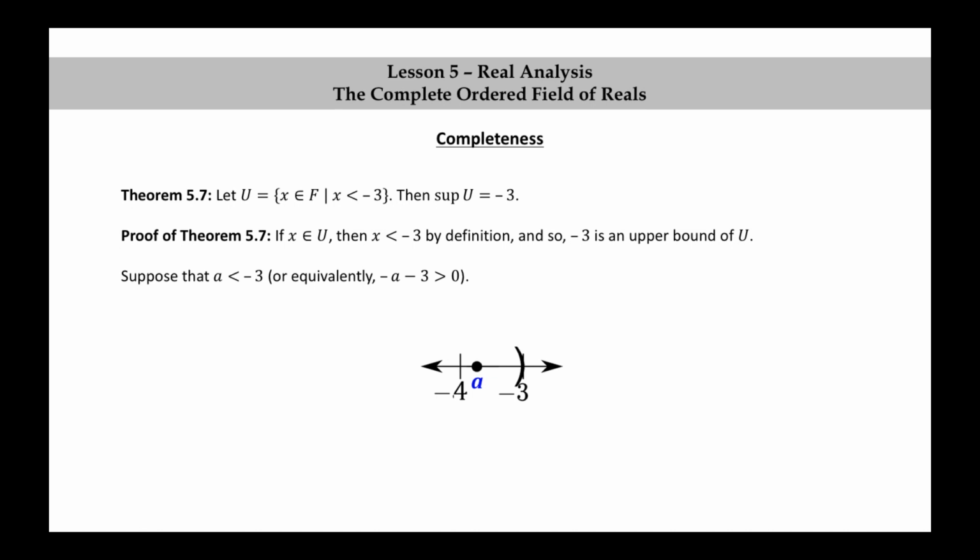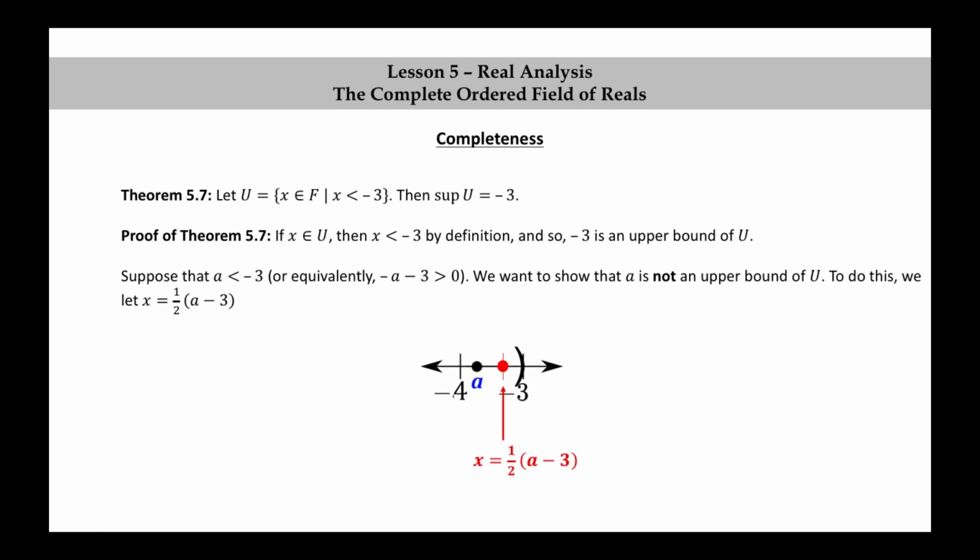This statement is equivalent to the statement -A minus 3 is greater than 0. So that's the one we're going to use. We want to show that A is not an upper bound of U. To do this, we let x equal 1/2 of (A minus 3). There it is in the picture. Notice it's midway between A and -3.